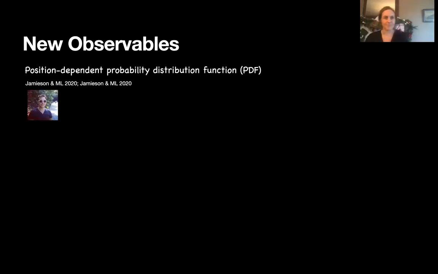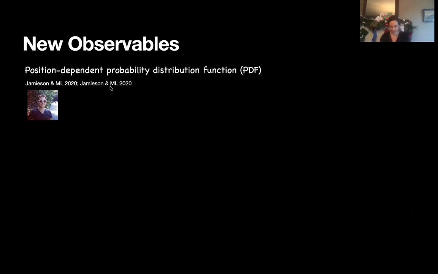Okay, so now I'll talk just about this one example of a new observable. It's actually two new observables in different scenarios. And this is work led by my really excellent graduate student, Drew Jameson, who's pictured here, in two companion papers that just came out in the last few months.